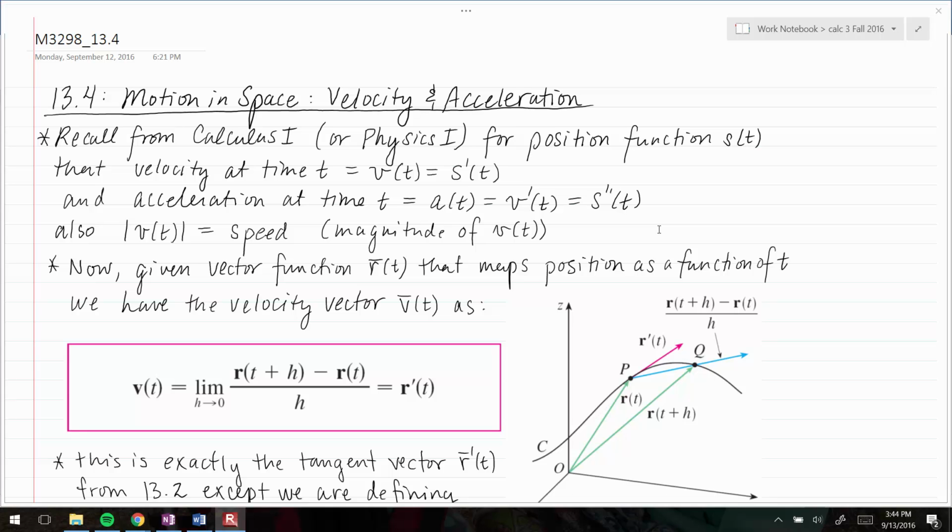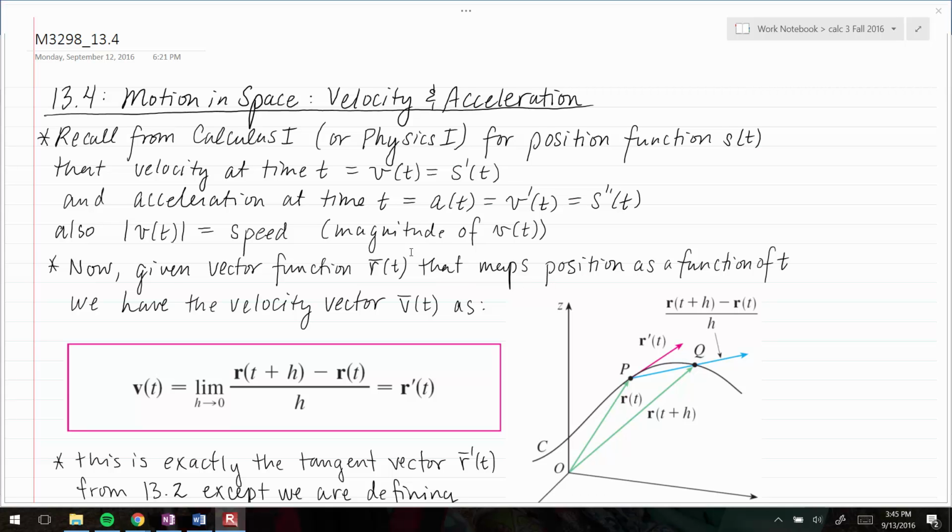Alright, so what this section's about is looking at this from the perspective of vector functions. So now we have, let's say, a position function that is a vector function, r of t, just like we've had in this whole entire chapter so far. Let's say now specifically it's mapping a position as a function of time.